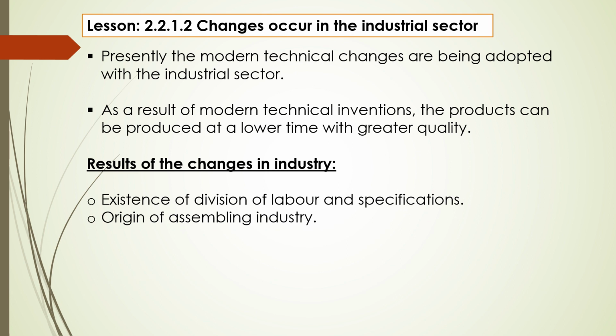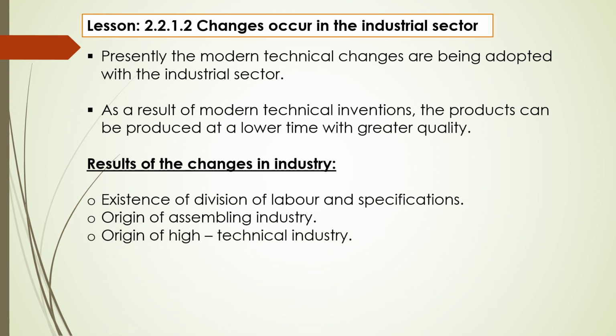And then the origin of assembling industry. Nowadays it's a trend. Even in Sri Lanka you can see many assembling industries. The parts come from different countries, then the parts are assembled, and finally they produce the final product.